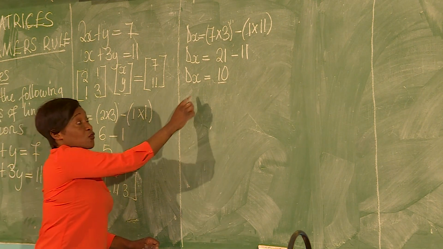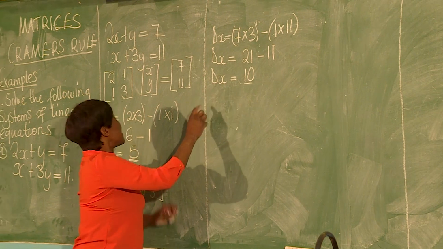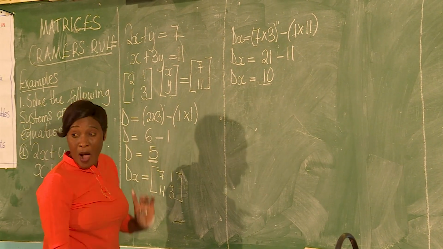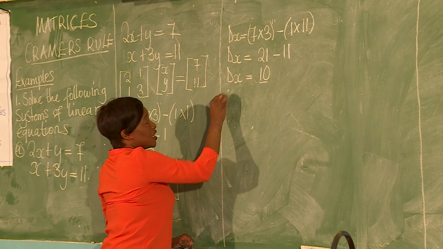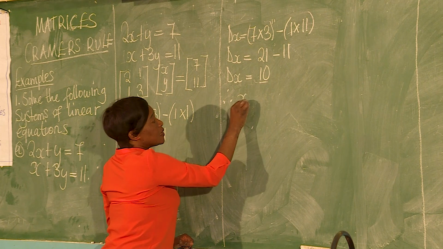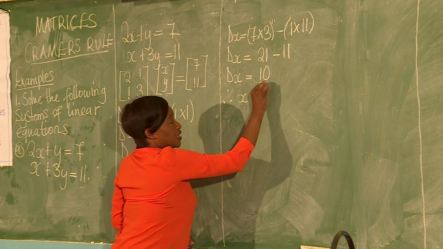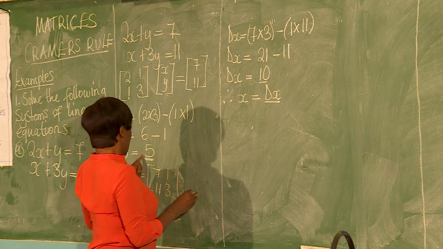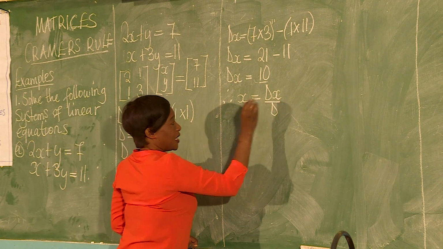From there, for us to find the value of x, we know that from our matrix, we're supposed to find the value of x and the value of y. So in order for us to find the value of x, we are going to say, therefore, x will be equal to this determinant of x, divided by the main determinant here, which is what? 5. So we'll put the main determinant like that.